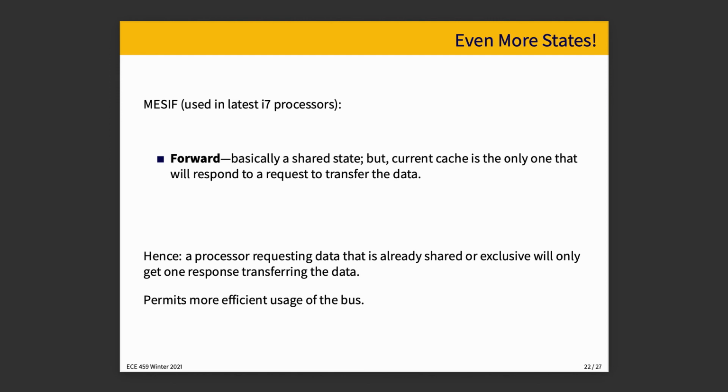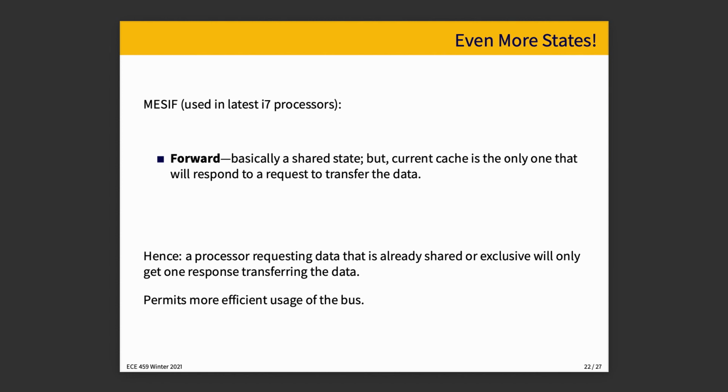We have F, which is a forward state, which is the same as shared, except we have designated in advance who will respond to a request to transfer the data. So if CPUs 1, 2, and 4 all know about the value of X, and CPU 3 says, hey guys, I want to get in on this, can you tell me the value of X? Without this, there's an arbitration process for figuring out who gets the bus and who ends up sending the answer.